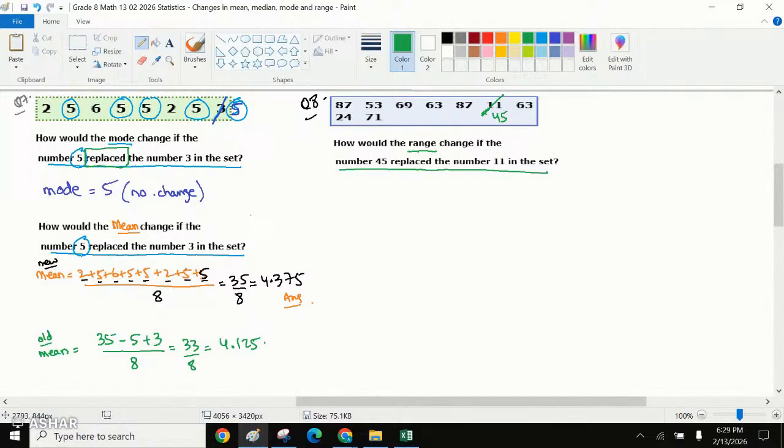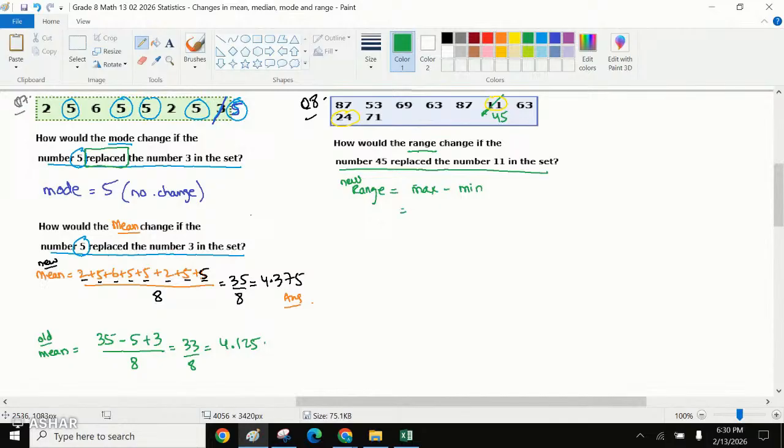Did it change the minimum or the maximum number? Yes, it did. Previously, the minimum number was 11, and now the new minimum number is 24. So the new range would be the maximum number minus the minimum.